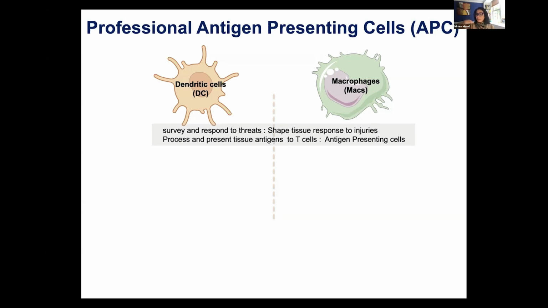They are the main immune cells that are constantly surveying normal tissue. So they are at the site of the lesions prior to any injury, and therefore they are the first ones to respond to it through the release of inflammatory molecules that are going to shape that response to the injury.